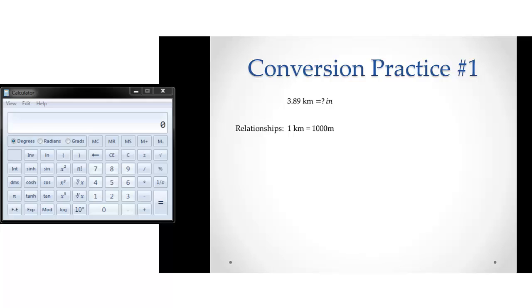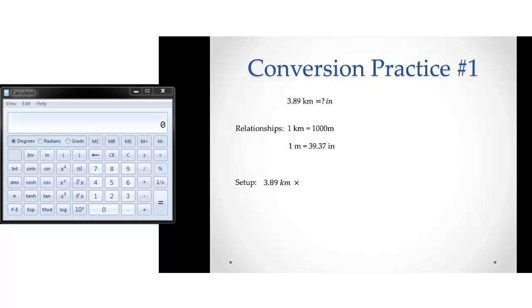Next, we find a relationship that will allow us to go from meters to inches. The conversion factor found is 39.37 inches equals 1 meter. Using these two relationships, we start our setup with our given information of 3.89 kilometers and use our first conversion factor to go from kilometers to meters.